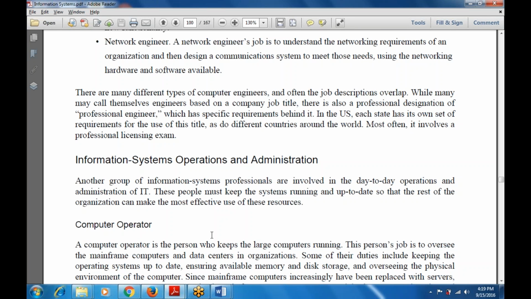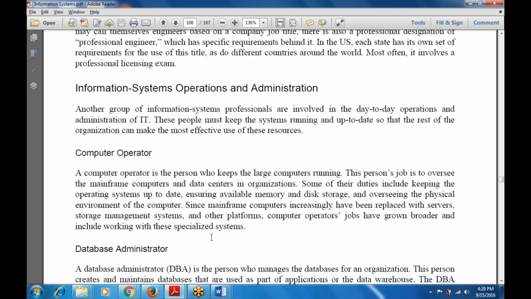So it is a person who keeps a large computer running. This person's job is to oversee the mainframe computers and data centers in the organization. Some of their duties include keeping the operating system up to date, ensuring available memory and disk storage, and overseeing the physical environment of the computer.